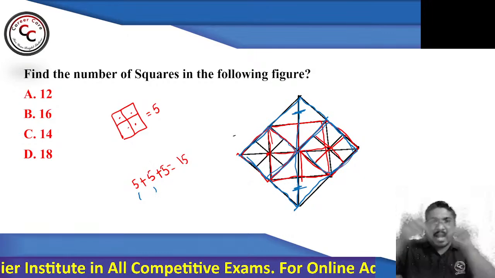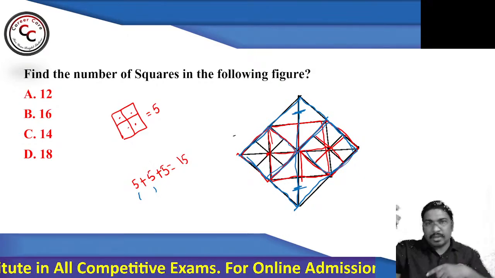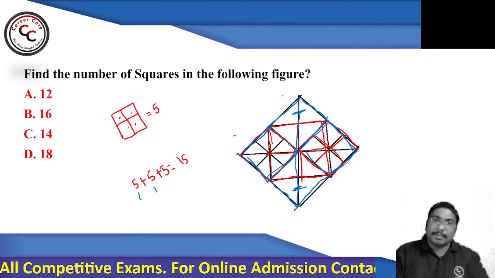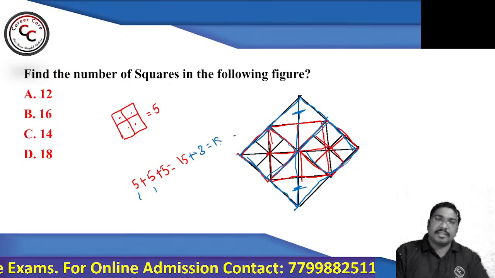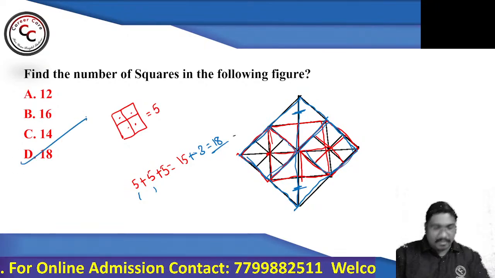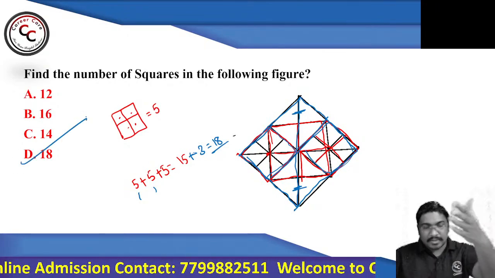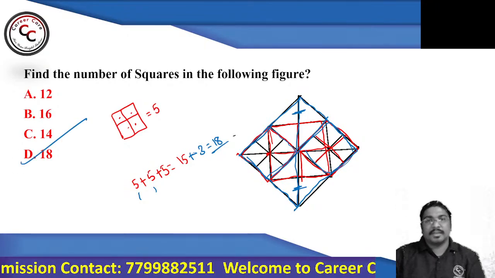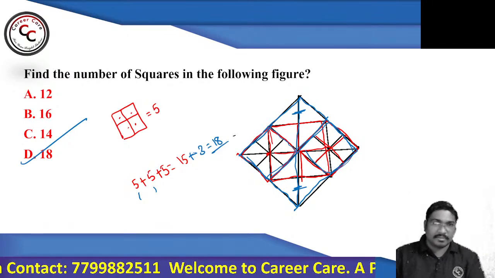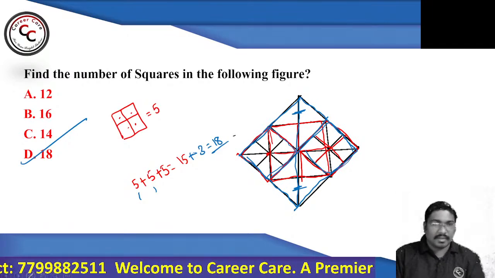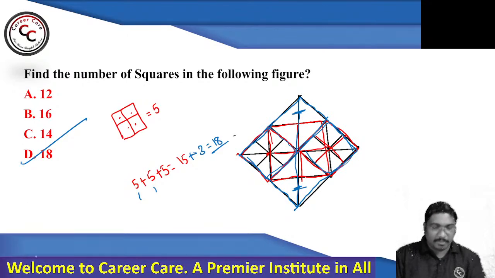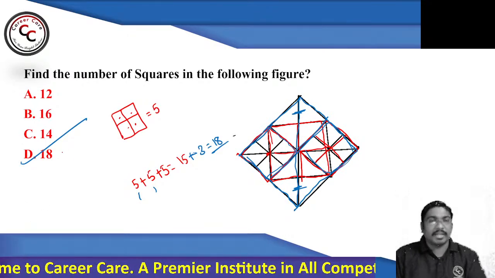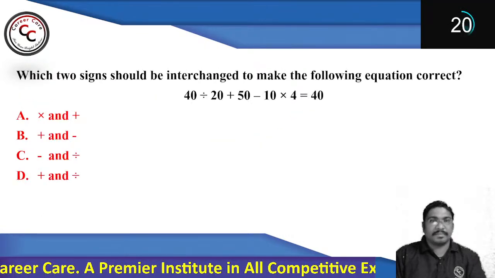This one, and the bigger one. So 1, 2, and the third one, which is nothing but the bigger square. So 15 plus 3, you can call it as 18. Absolutely, there are 18 squares in this particular figure. Right? Yes. Okay. Balu, Rahim, Deepika is saying 16. No, dear. The answer is 18.